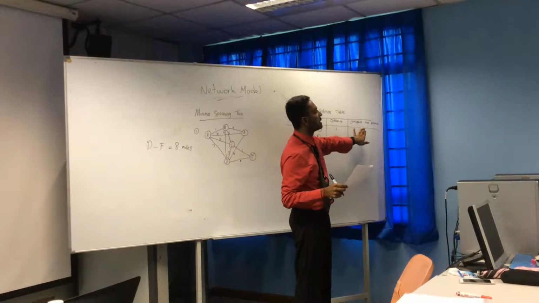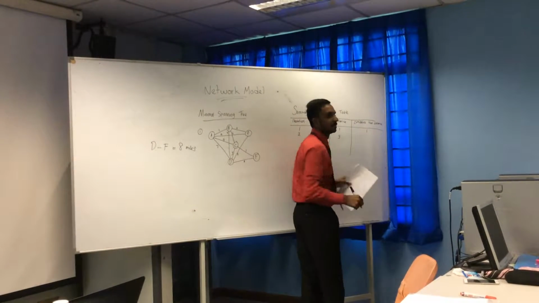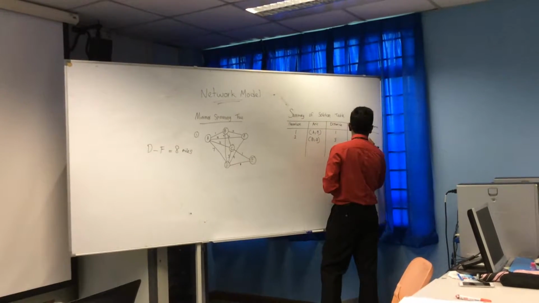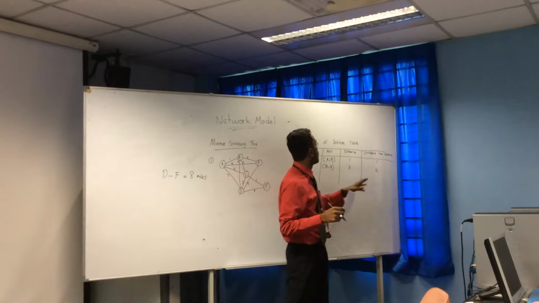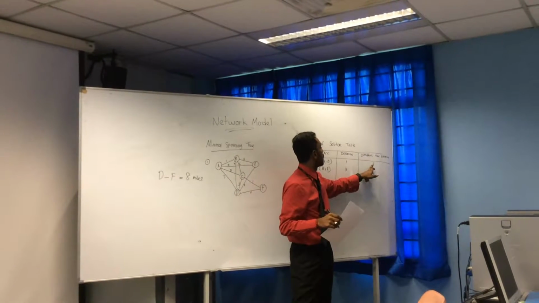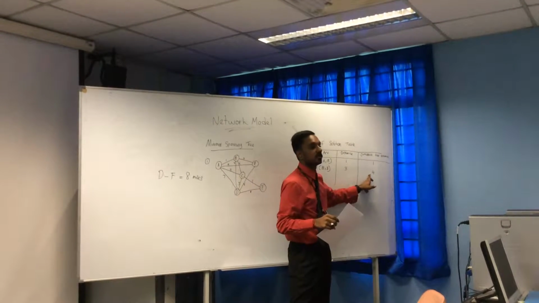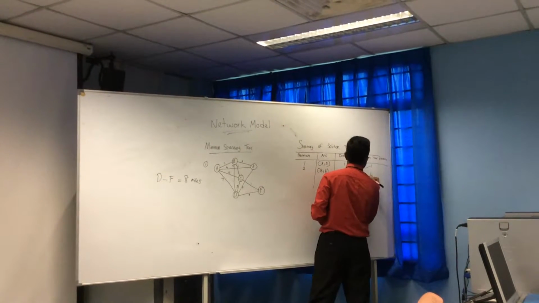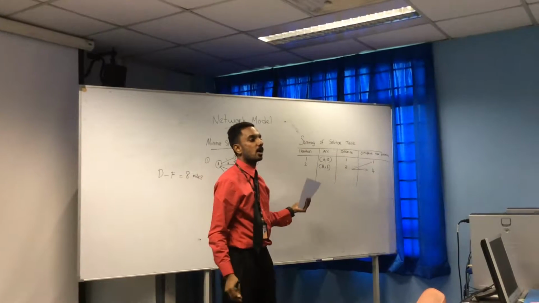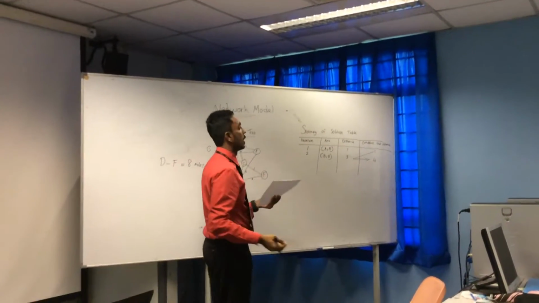Your cumulative tree distance will be, let me explain in detail, 1 plus 3 is 4. This is the way you have to plot your solution table.